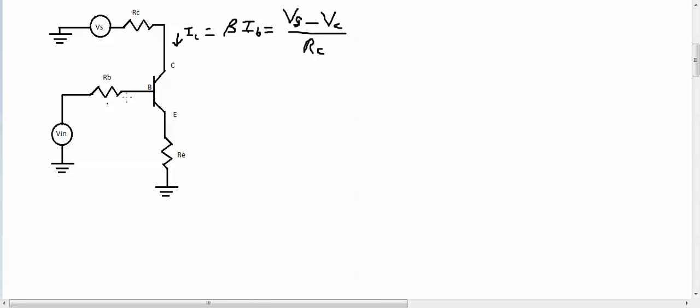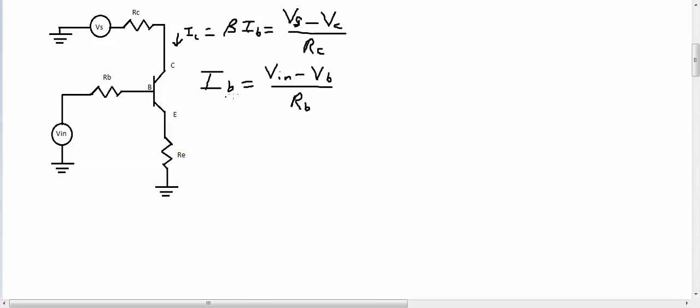And now we're going to do the same thing we did here, but for the current through the base. That is going to be equal to the voltage in minus the voltage at the base, all divided by the resistor at the base. And that is going to give us the current going through the base.